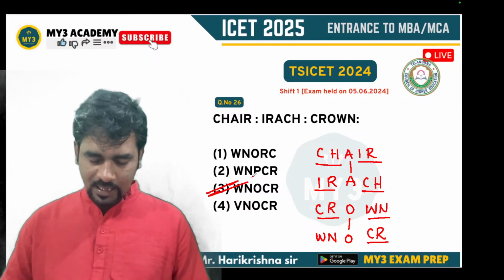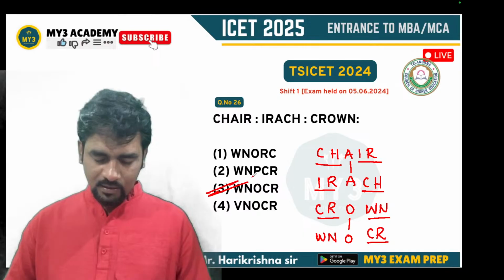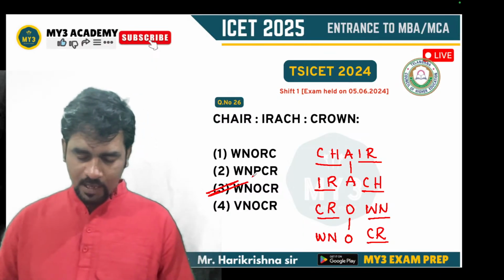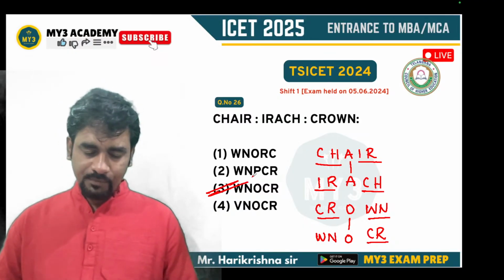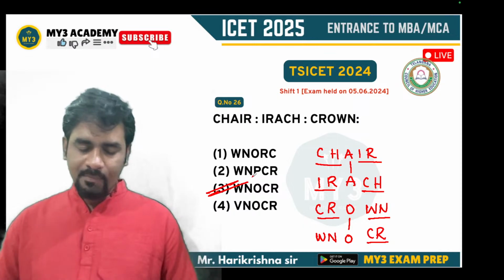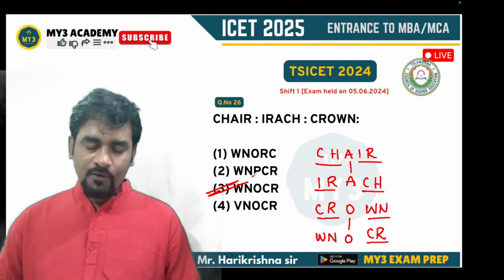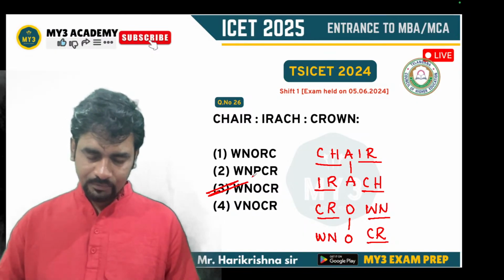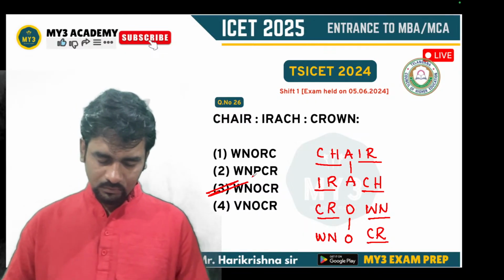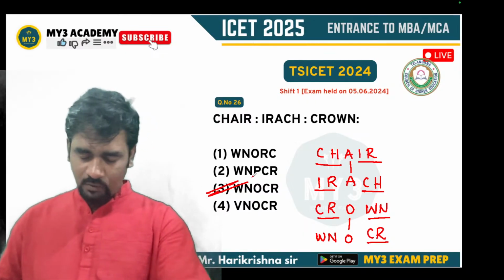Very good, Swati, Lakshmi, Chandana, Shivani, Srilekha, Kasim, Naveen, good response, Lavanya. So it's very simple. The middle alphabet stays as it is, last two come first, first two go last. That's the point. Good response, all of you.